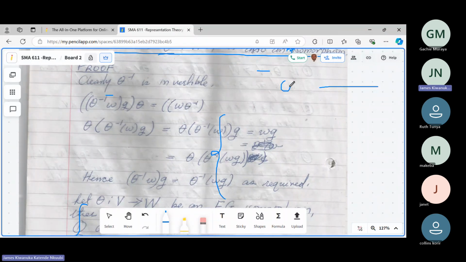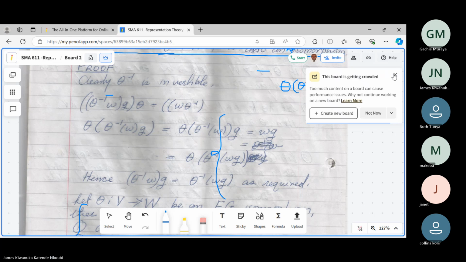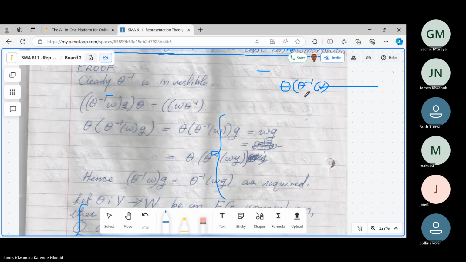I think that follows from the definition. Theta inverse is invertible because if you do this, theta inverse acting on any vector will give you the identity.